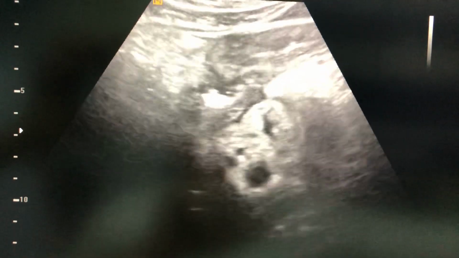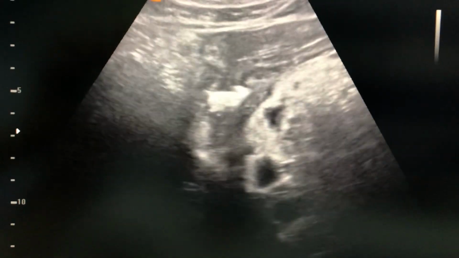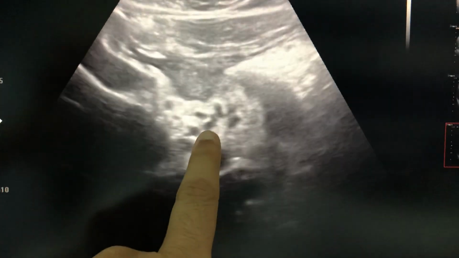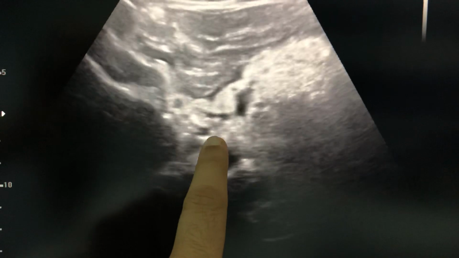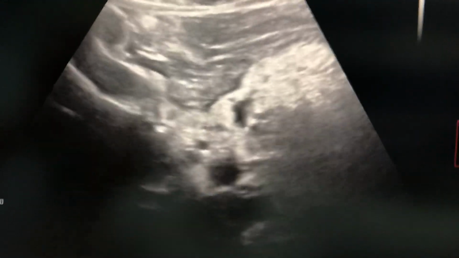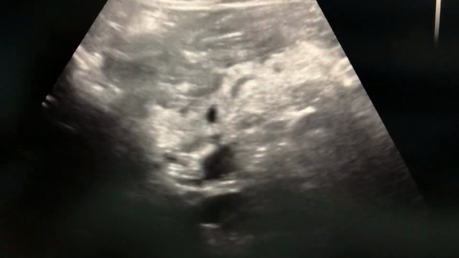Here we can see in this area this hyperechoic soft tissue. Here also.